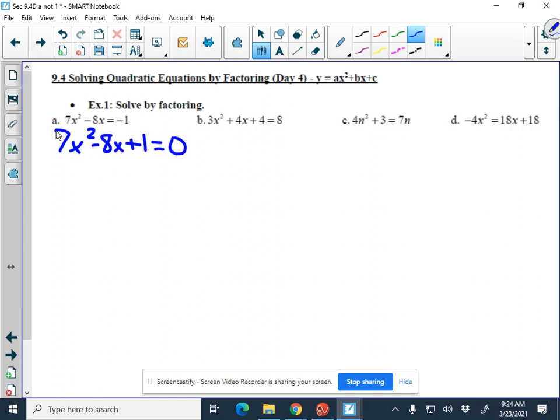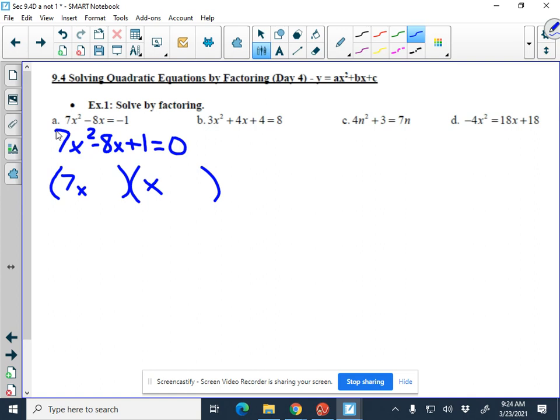Get that equal to 0. Now we're going to try to factor. So how do we factor? 7 times 1 is the only way we get that. So we get 7x times x.